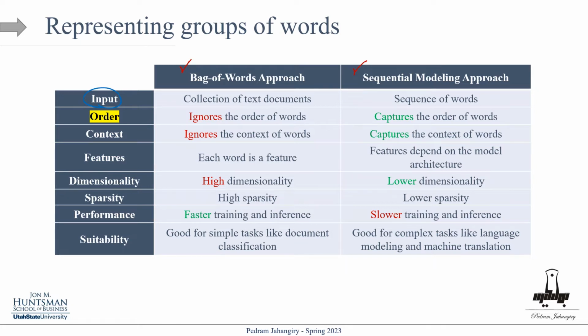In sequential modeling, the input is a sequence of words. As you can see right away, the ordering matters in the sequential approach. The second thing I highlight here, in orange, is order. The bag of words ignores the order of the words. However, the sequential model is going to capture that.